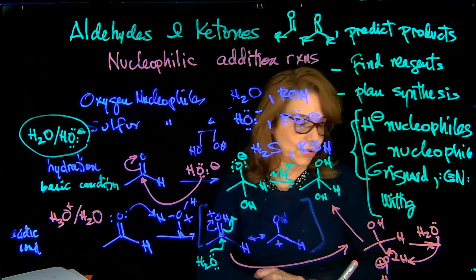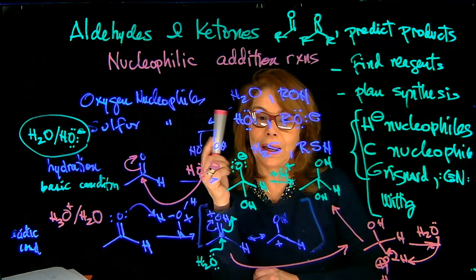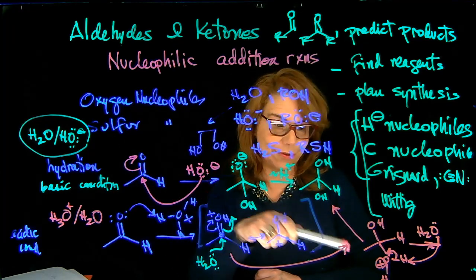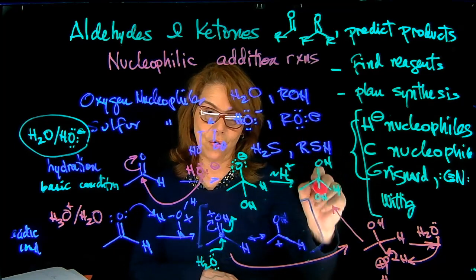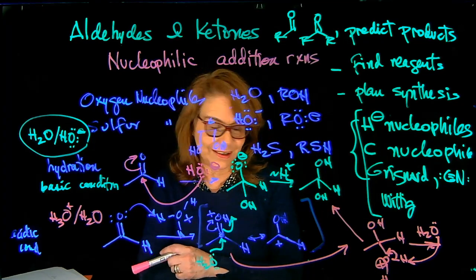Under basic conditions, we only had two steps. And remembering the mechanism helps us predict products. So bottom line, you're making a hydrate. A hydrate has two OHs, and you can make it under basic or under acidic condition.